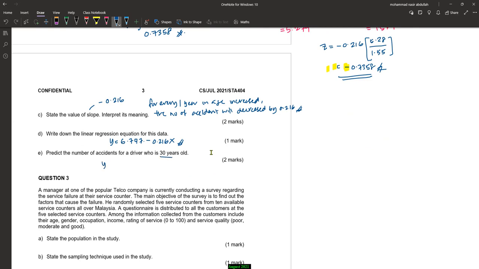So y hat should be equal to 6.747 minus 0.216 multiplied with 30. Right? So this one should be berapa? Can you calculate? Berapa dapat?